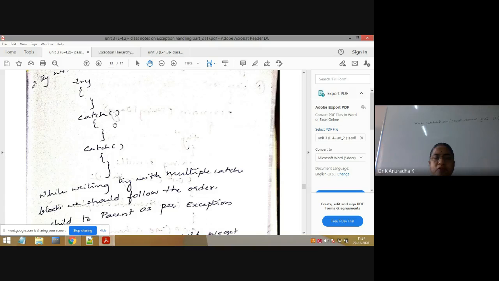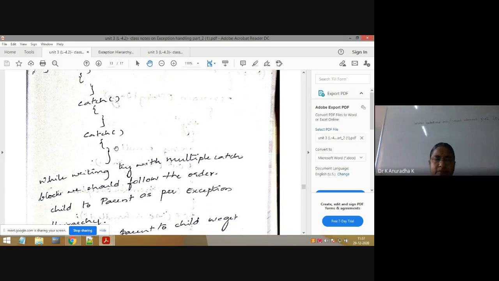So when you write one try with multiple catches, the parameters of the catch blocks must follow one order, that is child to parent, not parent to child. I will explain in the program.